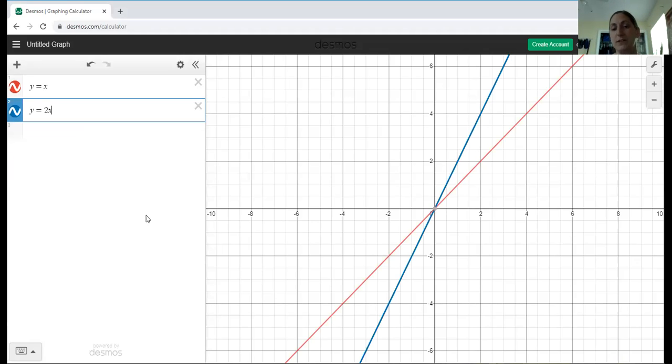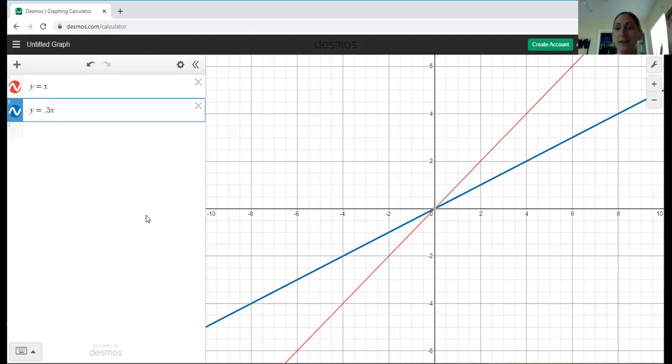Okay, interesting. So what do you think is going to happen if instead of 2x, we do 1/2 x? Let you think about that for a second. It gets flatter, closer to the x-axis. This kind of makes sense if you understand the concept of slope, because any coefficient of x there on a line is the slope.